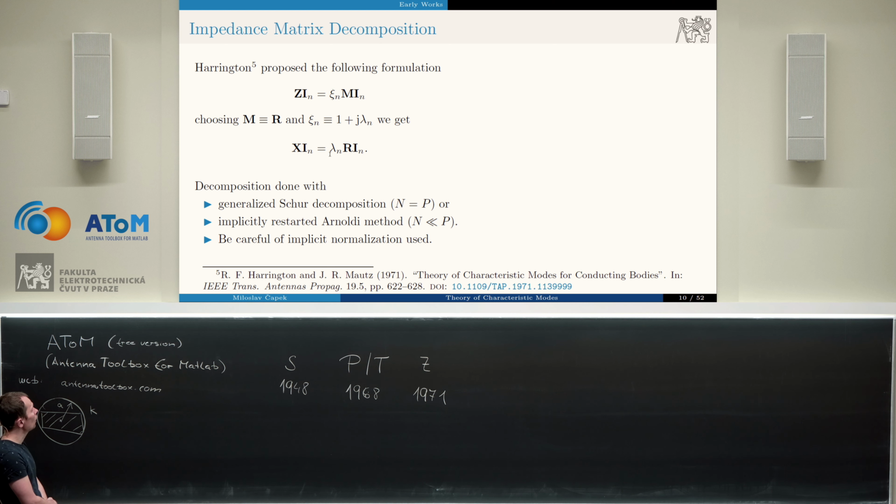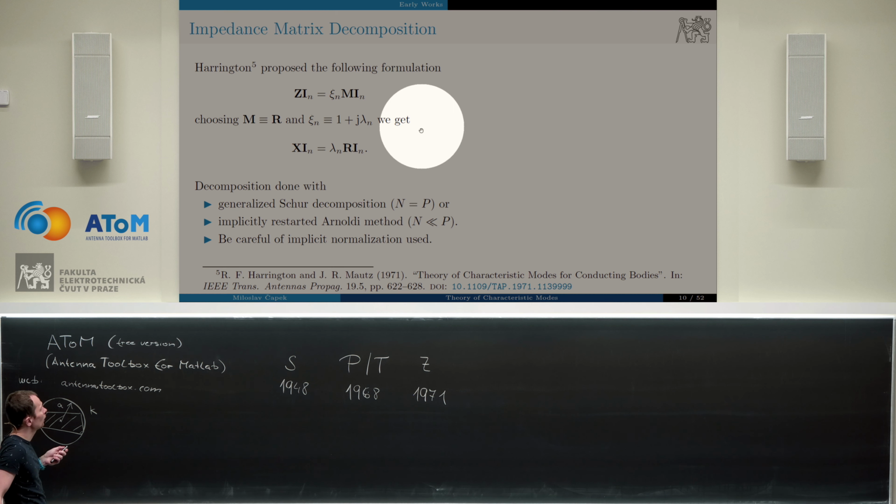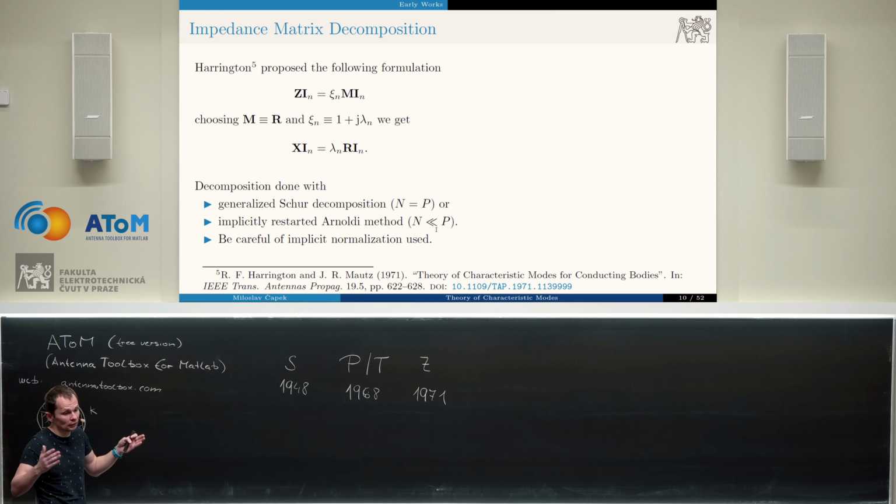So typically we employ the first one in a case when we would like to get the entire basis, so all the modes. But if you are interested only in a few modes, which is the typical case, that you have a matrix of size 1000 times 1000, but you would like to know only 5 modes, then much faster is to employ the second algorithm, the implicitly restarted Arnoldi method.